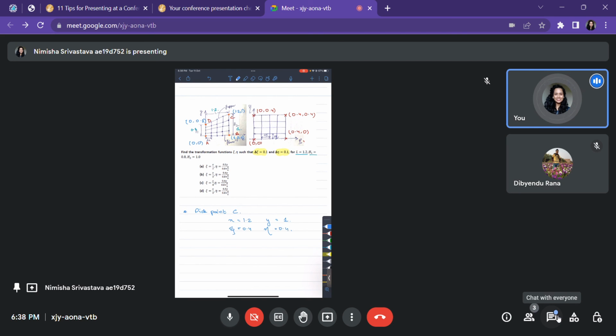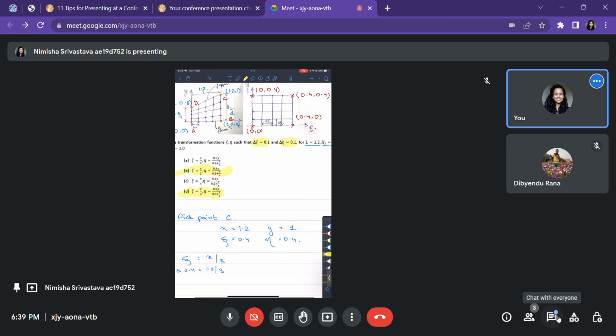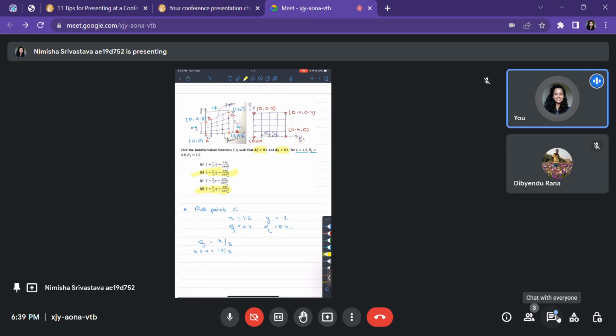Here we can clearly see that zeta is equal to x by 3, right? 0.4 equals 1.2 by 3. So x by 3 is option B, that's a candidate option, and option D. So these are the candidate options for the right answer.